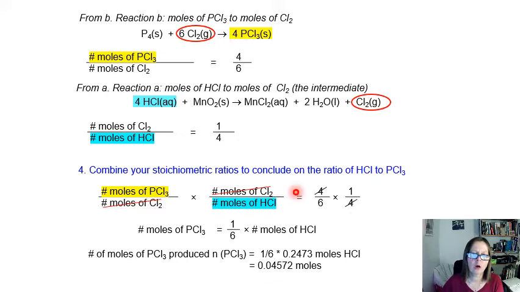So again, you look at your two reactions, you determine which is the reagent that is in common, that is your intermediate, you write your stoichiometric ratios, you combine your stoichiometric ratios so that you end up with a ratio that gives us what you're looking for over what you know, and then you solve.